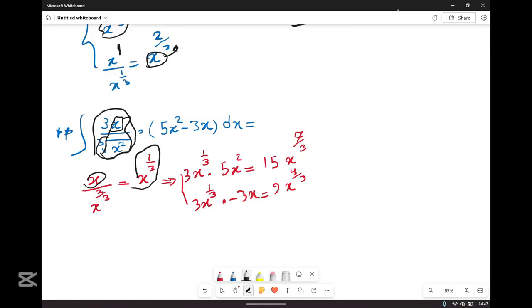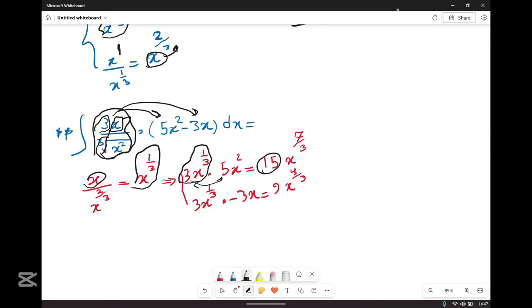But right now, because it has a coefficient of 3, it is 3 x power 1 over 3, and after that I must calculate this for all the steps of the statement.